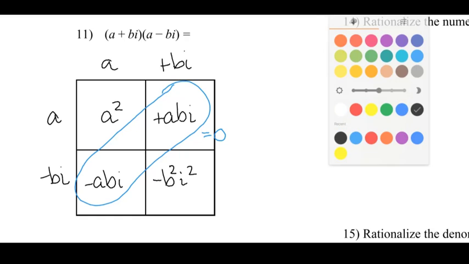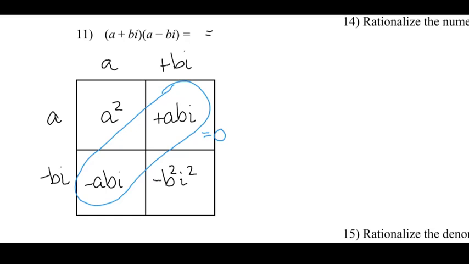And so we can simplify this answer, and we have a squared, and then notice what we have right there. We have a minus b squared times i squared, but we're going to replace that i squared with what we know it equals. We know that i squared is always negative 1, so this is a squared plus b squared.